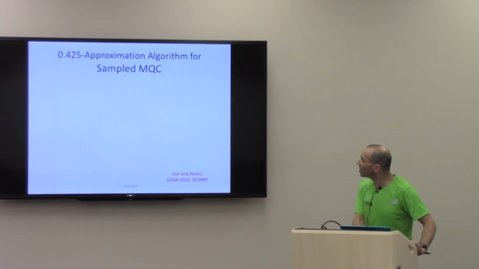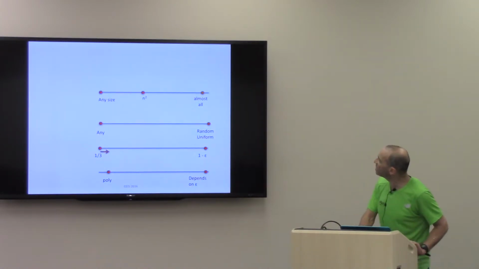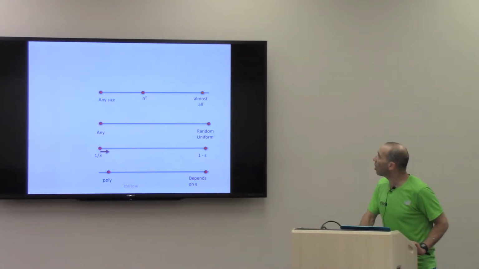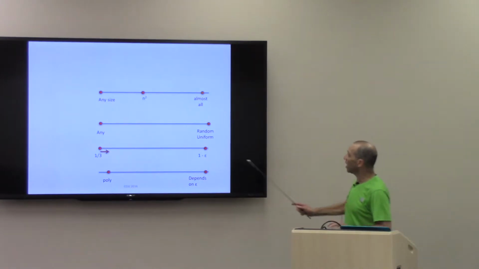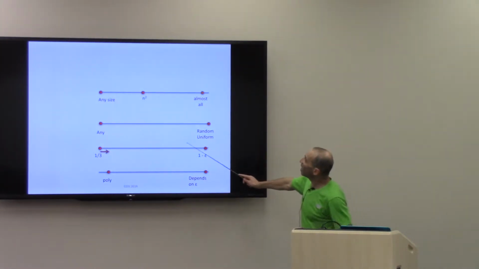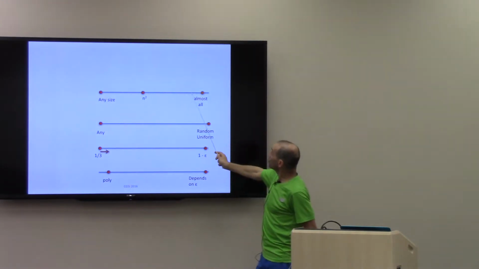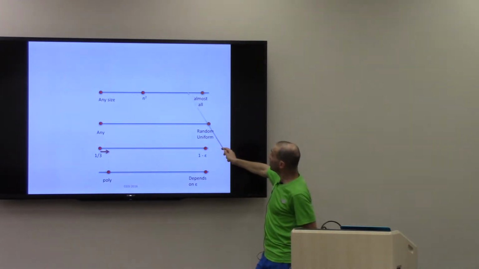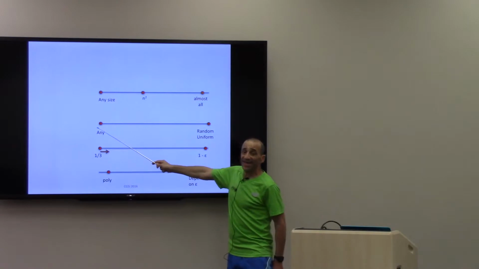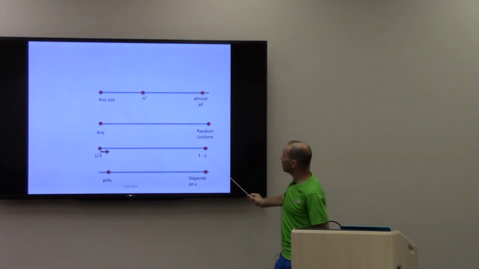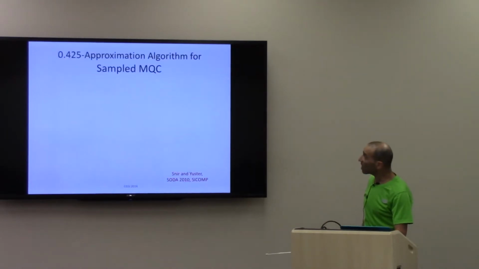So what we did actually, we have almost all, not any structure, and we give the 1 minus epsilon.